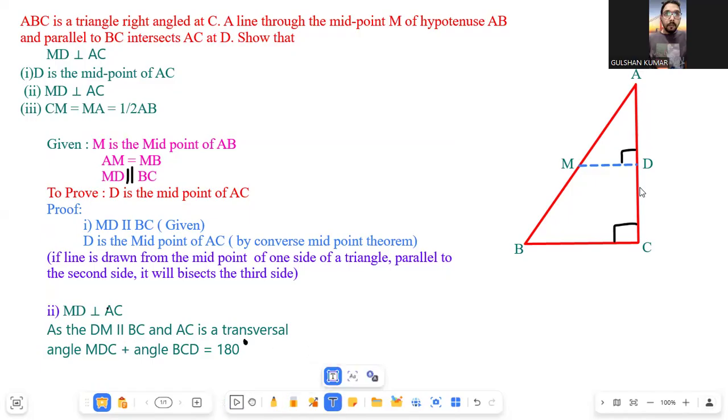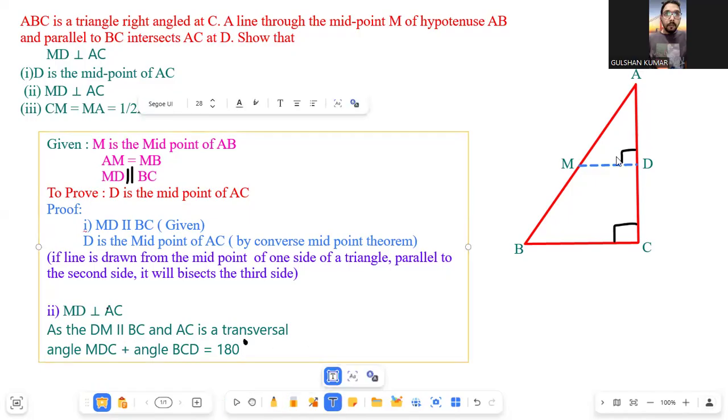So basically, these angles MDC and BCD are angles of a parallelogram. Corresponding sides of the parallelogram is 180 degrees.